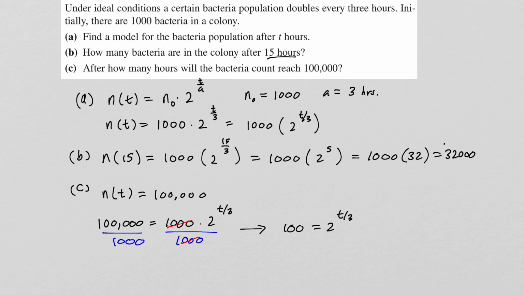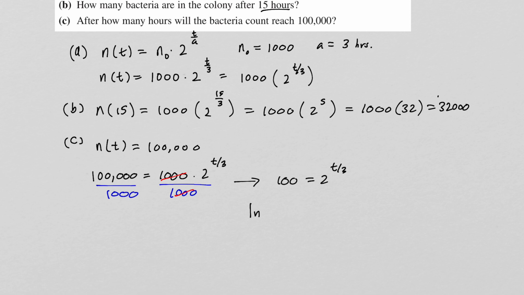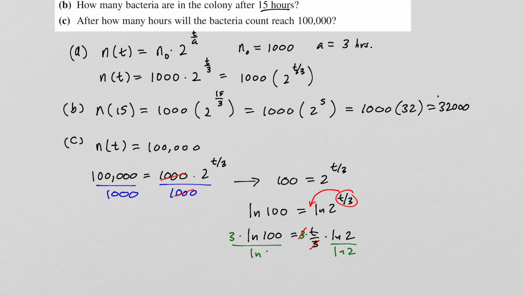Now to solve this exponential equation, I'm going to take the natural log of the left side and the natural log of the right side. After that, the power here can be brought down using properties of logarithms. So we have t over 3 times the natural log of 2. Then we'll multiply both sides by 3, which will cancel out the 3 here, and divide both sides by the natural log of 2, which will cancel out this.